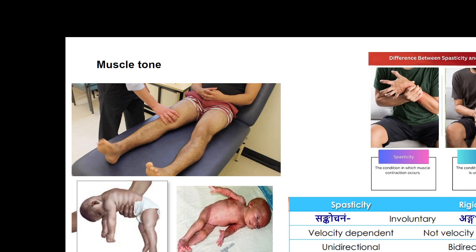Now, abnormal muscle tone can be felt as resistance over the muscle body. If you press upon the muscle body, the resistance felt by your hand is the muscle tone.